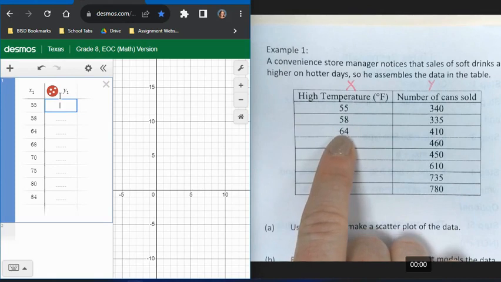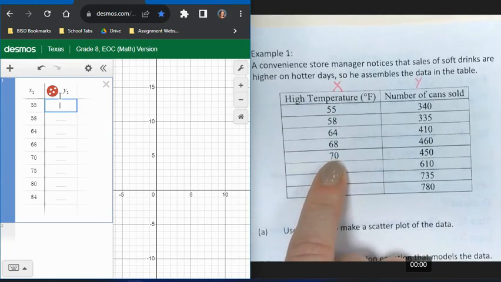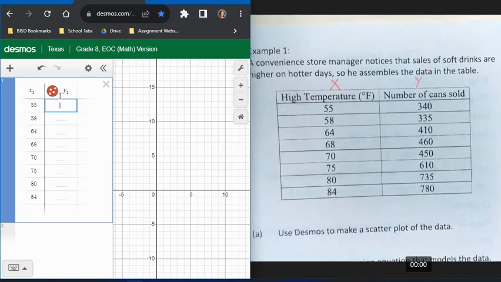55, 58, 64, 68, 70, 75, 80, and 84. Then put in your Y values. 340. Oh, I messed up, didn't I?